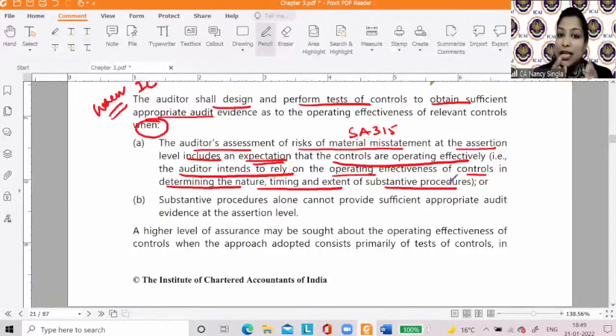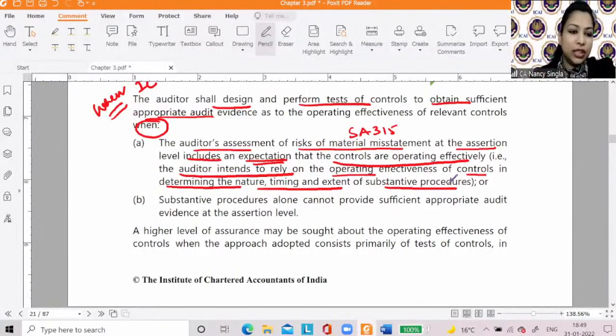We are telling the auditor, listen, you are going to reduce the extent of your checking. Your NTE of substantive procedures. What is substantive procedure? Checking of financial statement. This is going to be decided with respect to internal control. So in order to rely on the internal control, first check whether they are operating effectively or not.